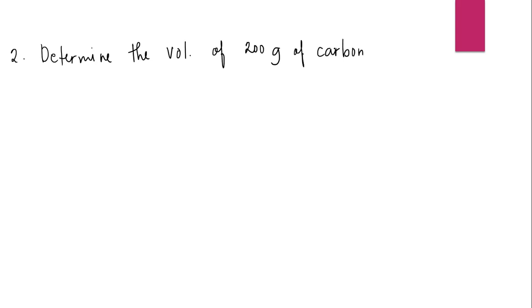Okay, example number 2. Determine the volume of 200 grams of carbon tetrachloride for which the specific gravity is equal to 1.60.